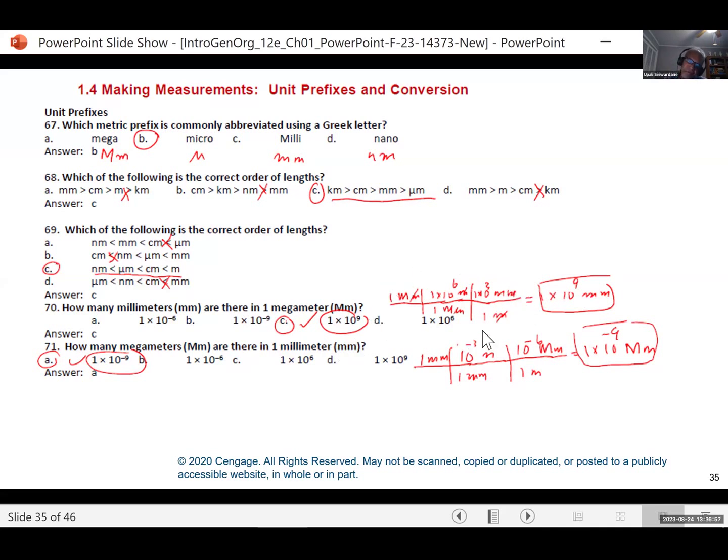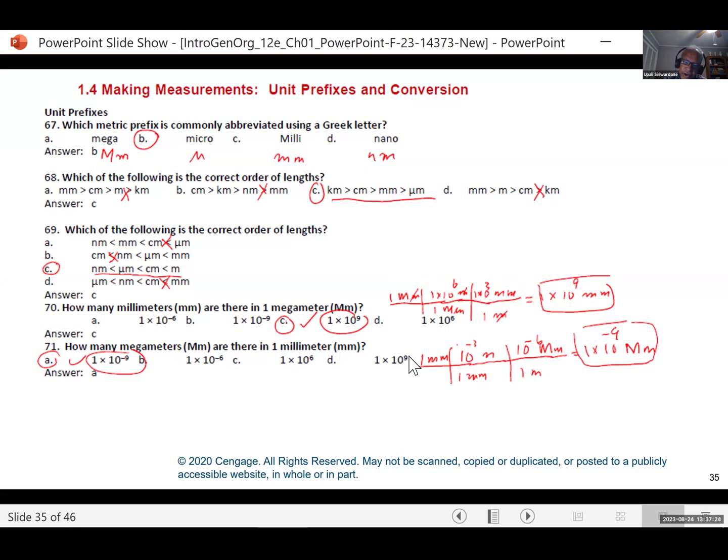Now you have to line up like this. It's very difficult to just guess without writing down. So you get the answer always. You start with the millimeter, then 1 megameter, then go to the meters and meters to millimeters. And the second one: how many megameters are in 1 millimeter?